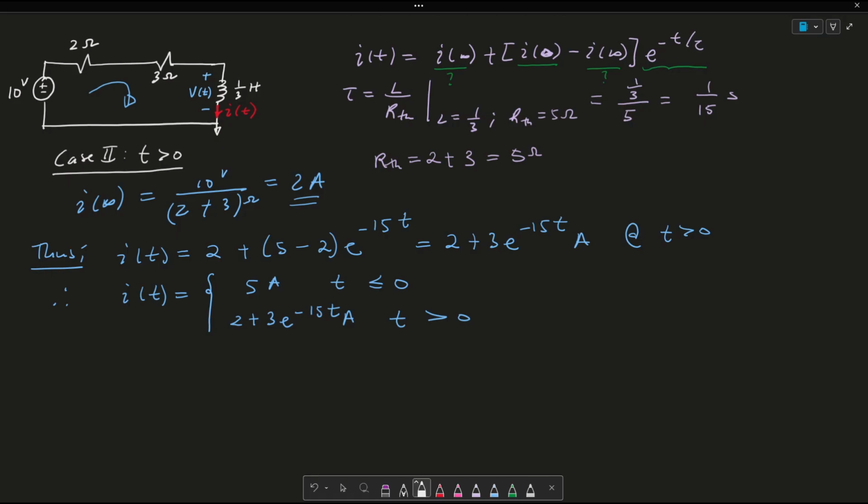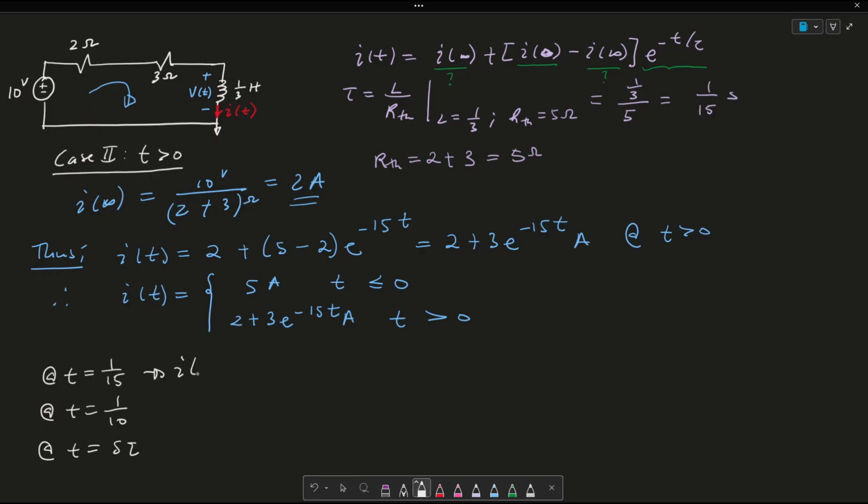So in the process, the problem wants us to find I(t) at t equal to 1/15, at t equal to 1/10, and at t equal to 5 tau.